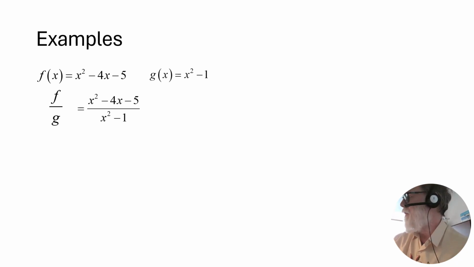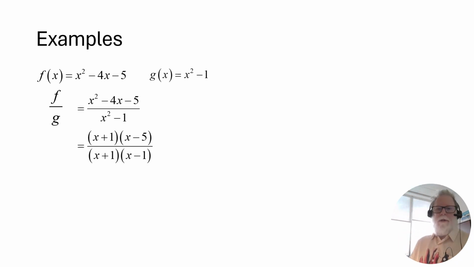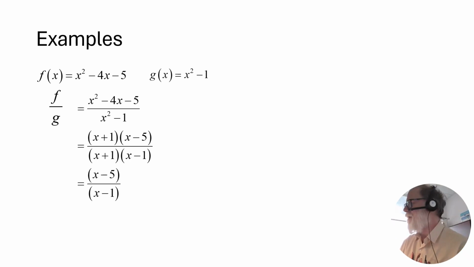That's what I taught anyways. So, oh, look at that. Something can cancel. We factored the numerator and the denominator and see that they do have a common factor that can be canceled. So the completely simplified answer is right there.